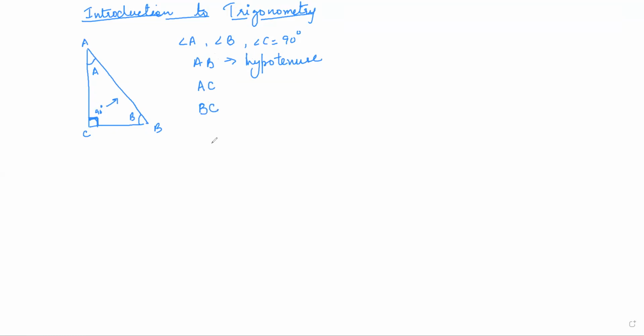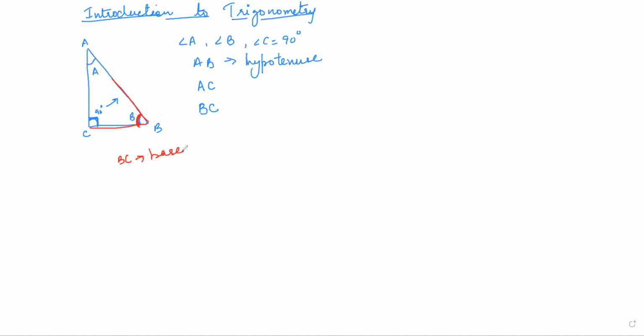Now, if I want to take angle A, okay, let me consider angle B. First of all, look at angle B. Angle B is formed between two legs of the triangle, like one is this side and another is this side. Is that okay? Yes, ma'am. So if I'm considering angle B, the side BC will be the base of the angle.